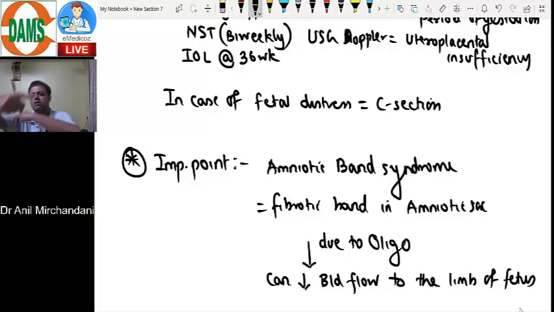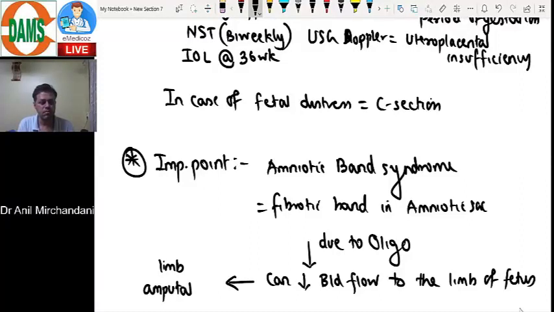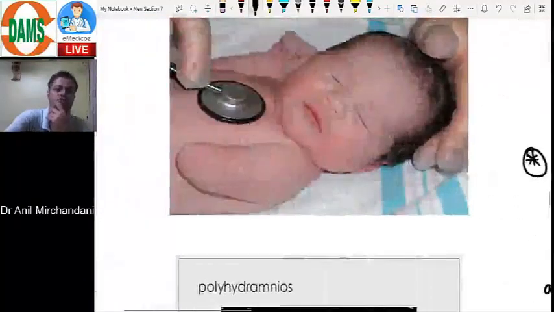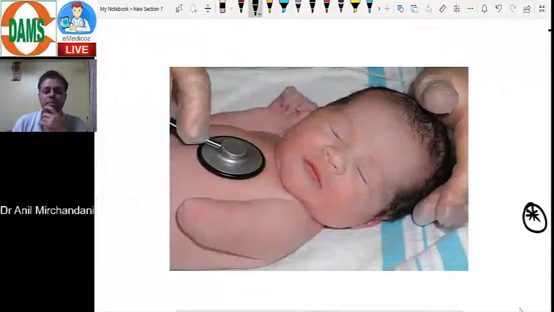It can coil around the limb of the baby, and then there may be amputation of the limb. Limb amputation in utero is amniotic band syndrome seen with oligohydramnios. Let's look at this baby. This poor chap lost part of the limb because of amniotic band syndrome.